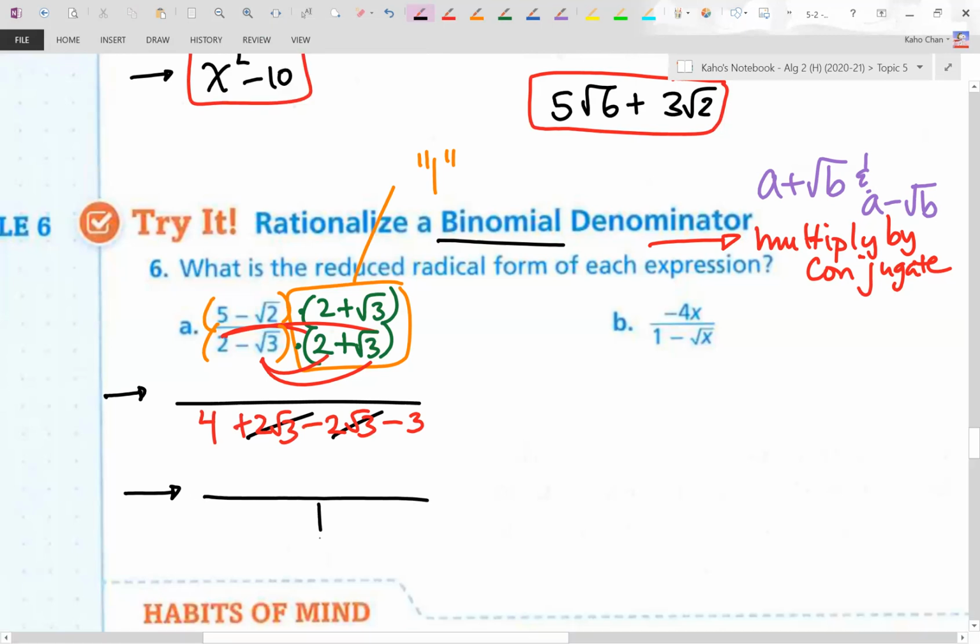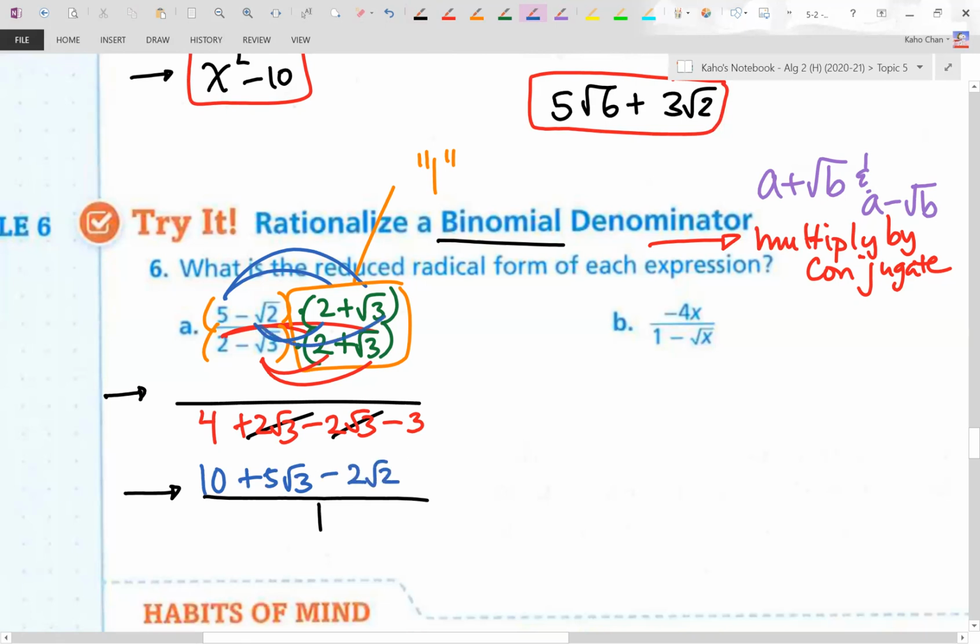The numerator, I do need to traditionally FOIL that one. Let's do that one now. Here we go. 5 times 2 is 10. 5 times root 3, be careful, they're separate, is plus 5 root 3. Inner terms, be careful there. Negative root 2 times 2 is minus 2 root 2.